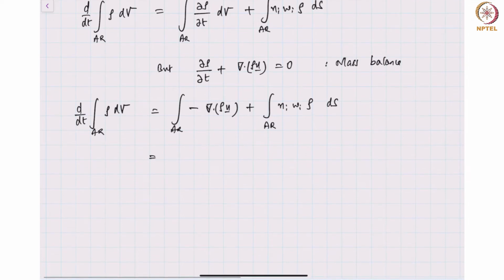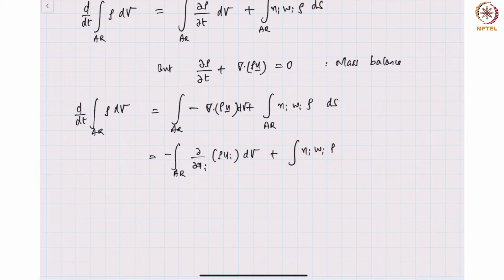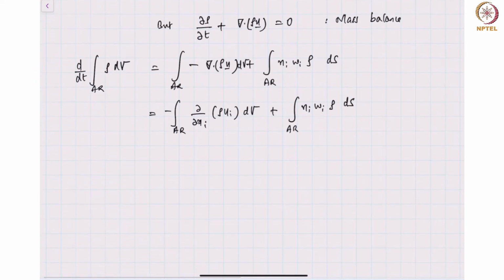And to be consistent, if I write everything in index notation, this is dV. And if I use the Gauss divergence theorem, I can convert this volume integral into a surface integral.